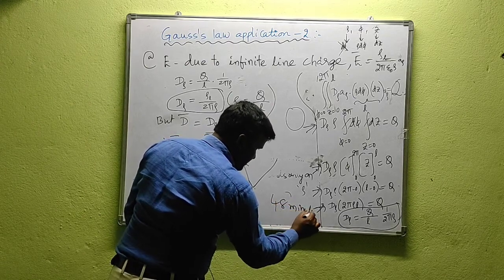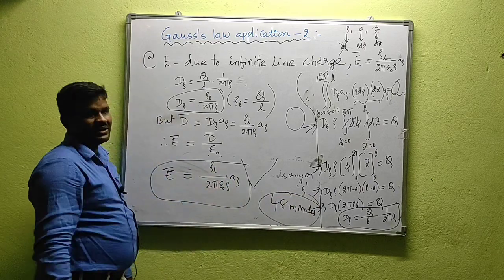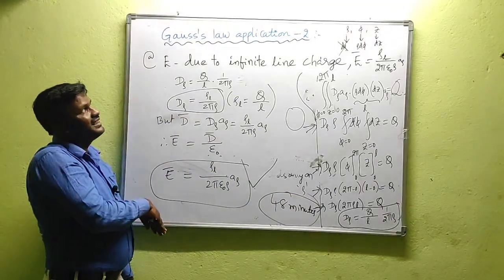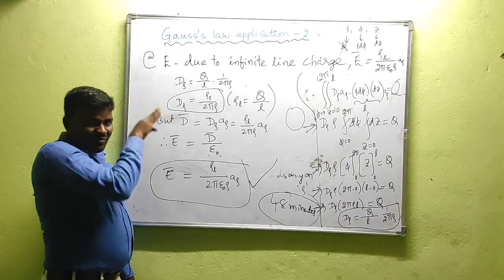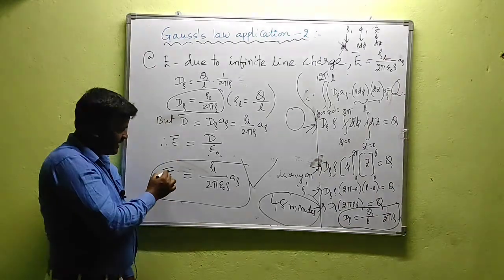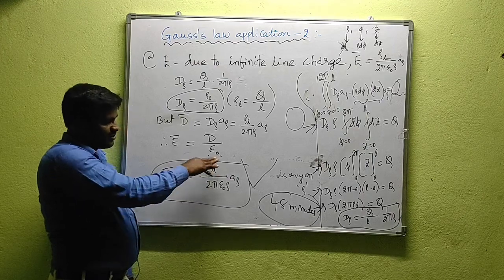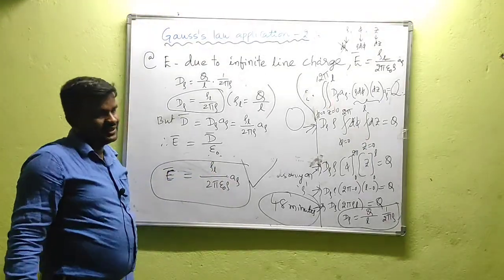That is the specialty of Gauss law: complexity is somewhat reduced. Using Gauss law, E equals rho_L by 2 pi epsilon naught rho a_rho.